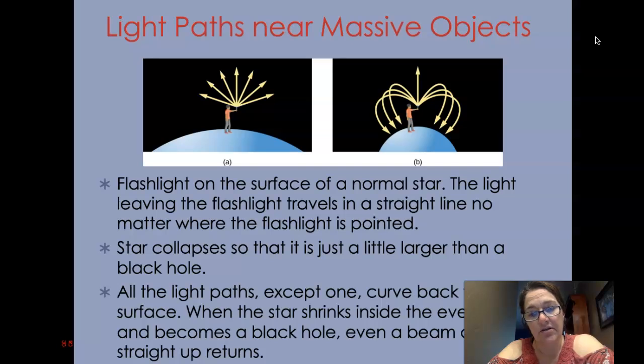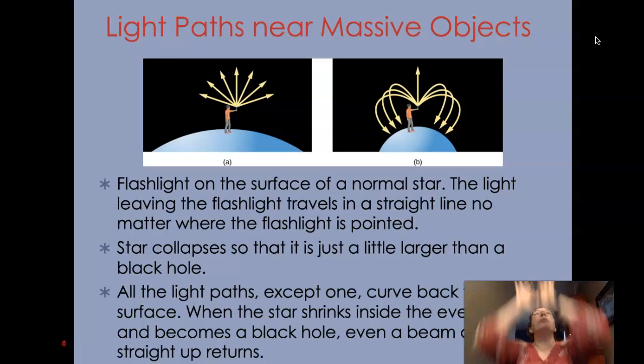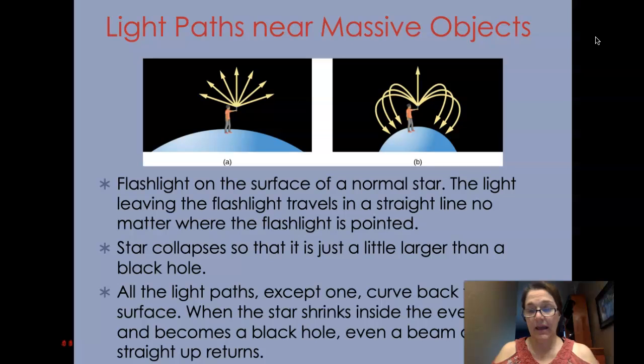If we are standing on the surface of a star with a flashlight, this is of course assuming that you could stand there without being fried to a crisp, the light from the flashlight goes up. And if we decrease the diameter of that star, remember when we shrink a star, we're actually increasing its gravity.